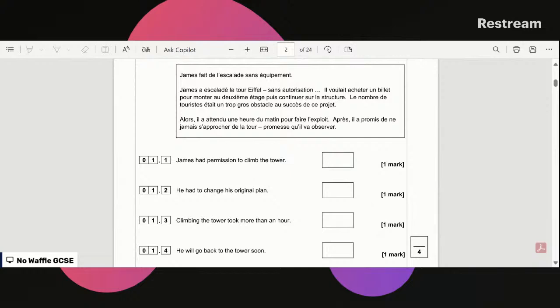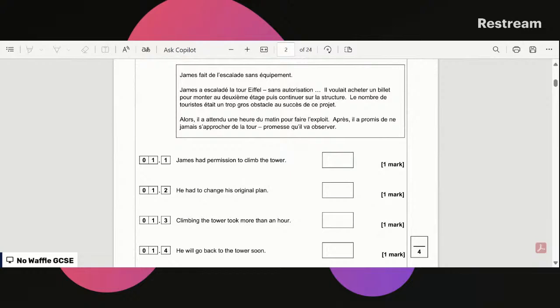Next, climbing the tower took more than an hour. Alors, il a attendu 1 heure avant l'exploit. But that's not climbing the tower. That's just waiting for the feat, looking at the feat and doing the feat. After, il a promis de ne jamais s'approcher de la tour.